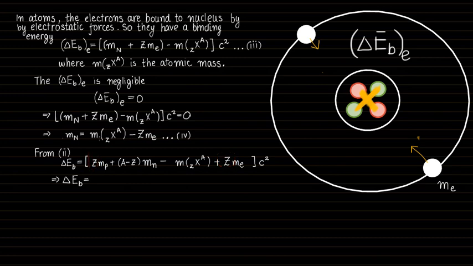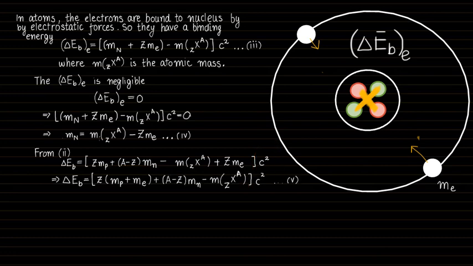So let's take this Z common first. If I take Z common, what I'm left with? Mass of proton. And if I take Z common from here, I'm left with mass of electron, plus the total number of neutrons multiplied with mass of neutron, minus the atomic mass. Whole thing multiplied with c square.